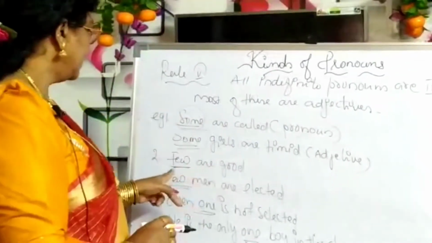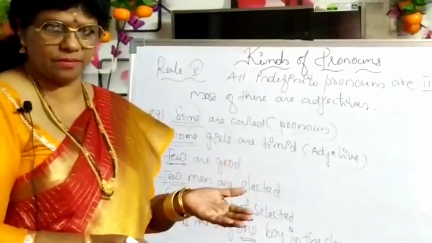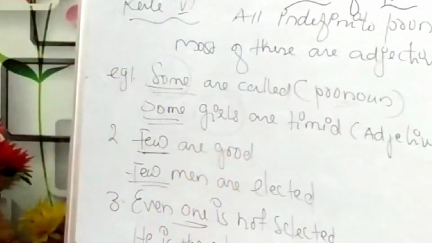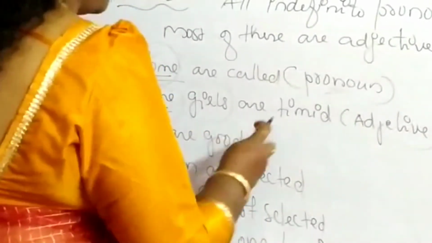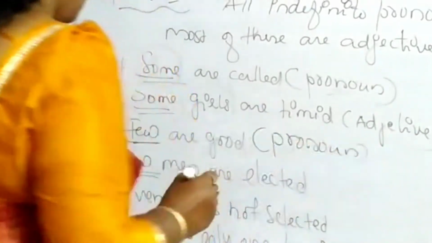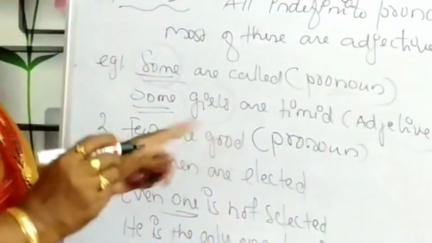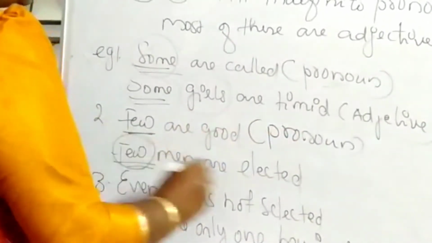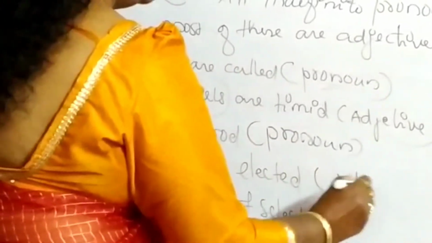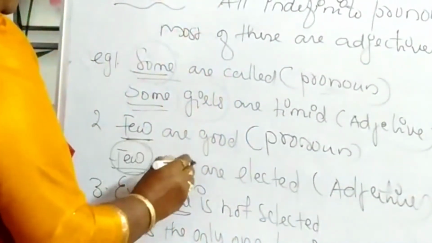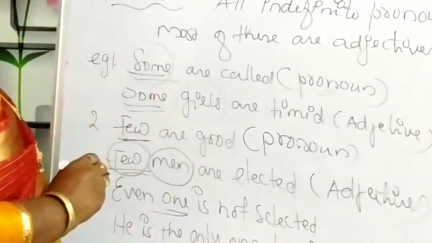The next one: few are good. This "few" is a pronoun. Few men are elected. Here this "few" is an adjective, because it qualifies the noun men.